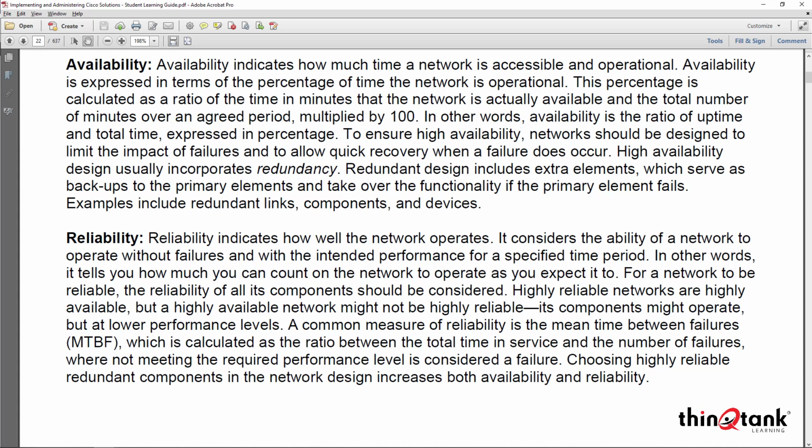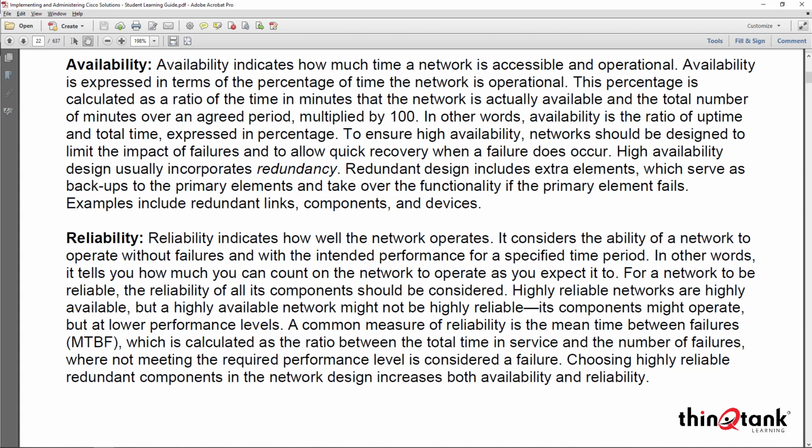MTBF is what? Mean time between failure, right? Typically that's something we would usually associate to a physical resource, like hard drives in a computer or power supplies and stuff like that. We don't really apply that to maybe a router as a whole, or certainly not an application or software.